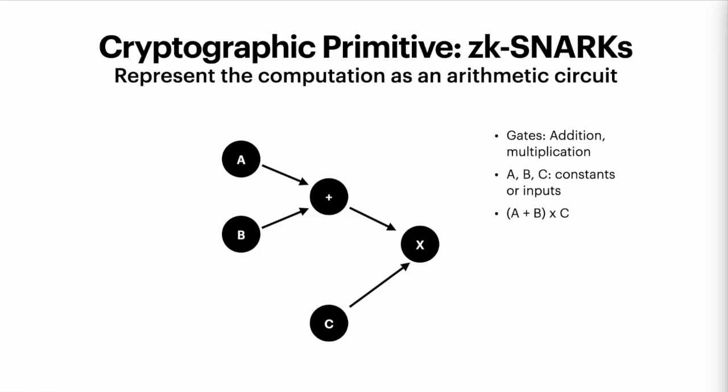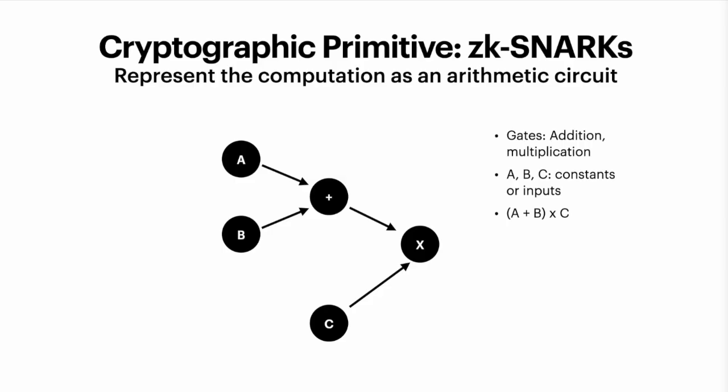So in practice, on the programming side, you need to write down that computation, what's happening in that hash function, as an arithmetic circuit. So it's a fundamentally different programming paradigm that's more similar to circuit programming, hence the name. In this paradigm, you'll have gates in the circuit that represent simple arithmetic operations, addition, multiplication.